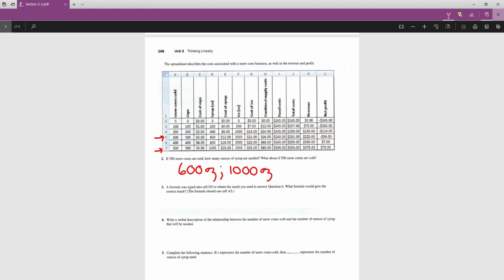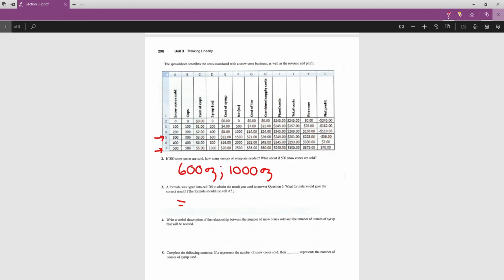Number 3 says that a formula was typed into cell D5 to obtain the result you used to answer question 6. That's not question 6. He has a lot of typos there. He answered question 2. What formula would give the correct result? So this is the formula that's going to use cell A5.